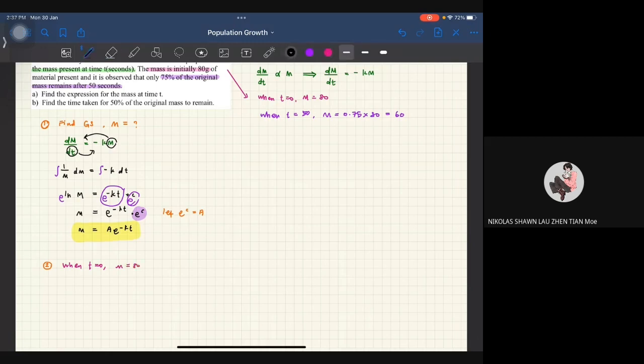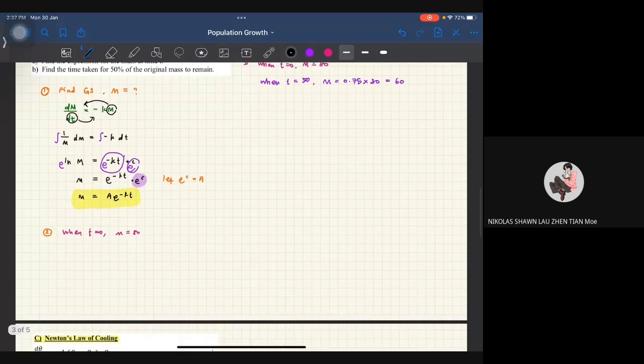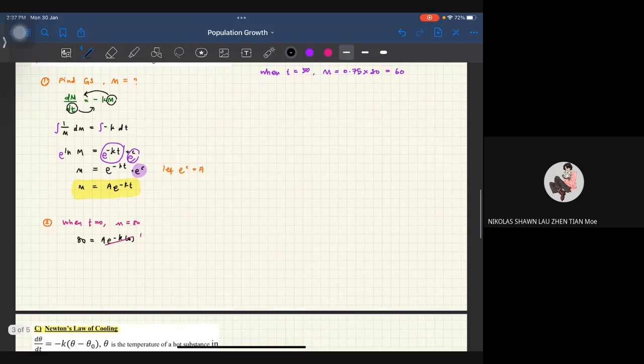Okay, so masukkan dalam kita punya equation. So we have 80 equals to a e negative k times 0. Okay, so yang bahagian belakang ni, this one has become 1. So you will directly get a equals to 80.